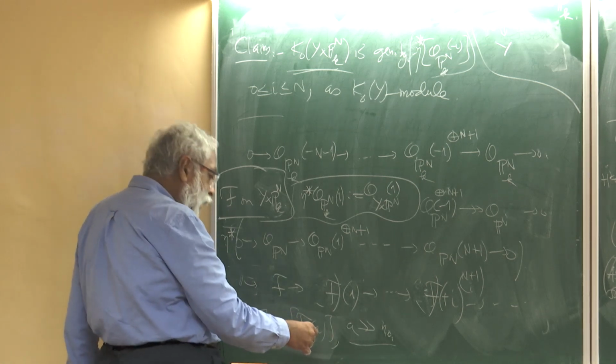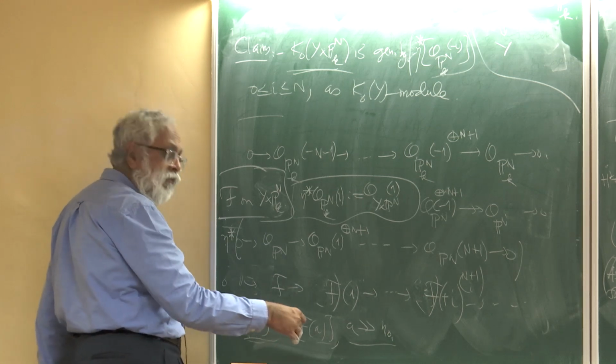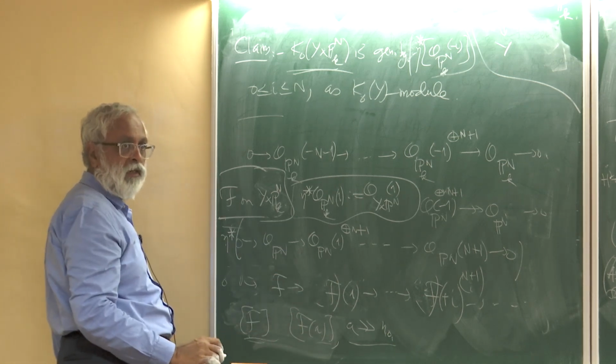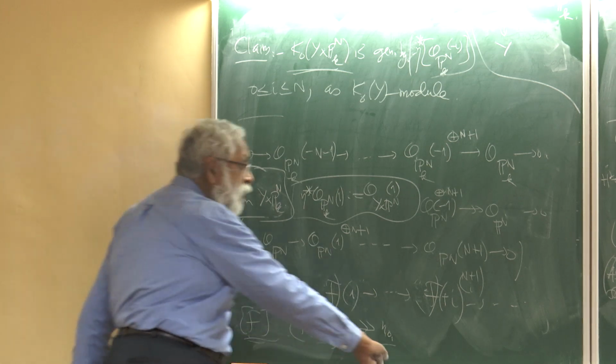So I can restrict myself to sheaves which are sufficiently positively twisted. So K0 is generated.